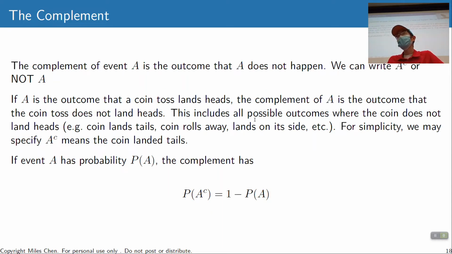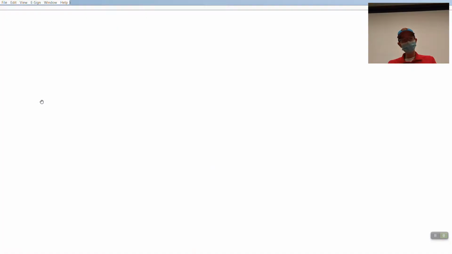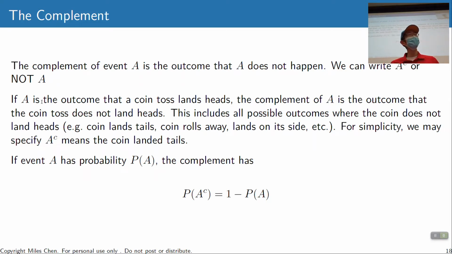We have the complement. The complement of an event is the outcome where that event does not happen. And we would write AC for A complement. We might also just write not A, okay? A lot of times I just like to use not A, but that's very English-centric.